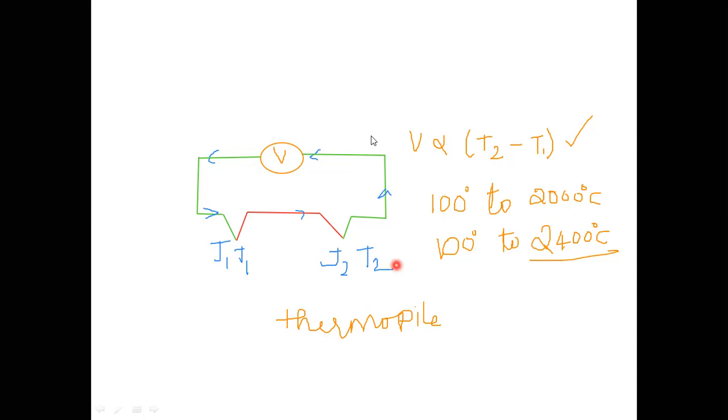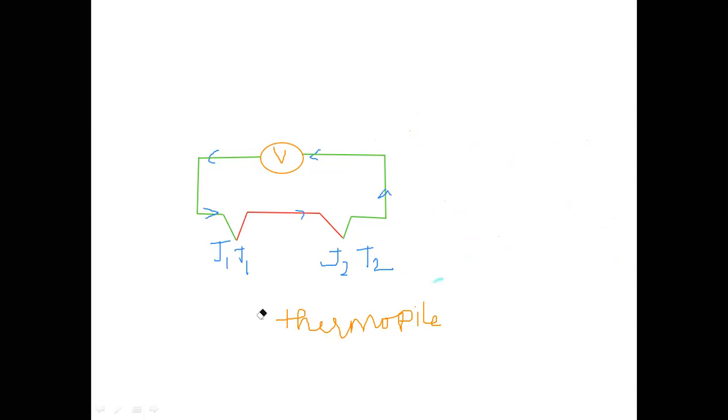These thermopiles are of two types: the first is the series type thermopile and the next is the parallel thermopile. In the series thermopile, let me take this green color. This is metal A, and let me take this red color.